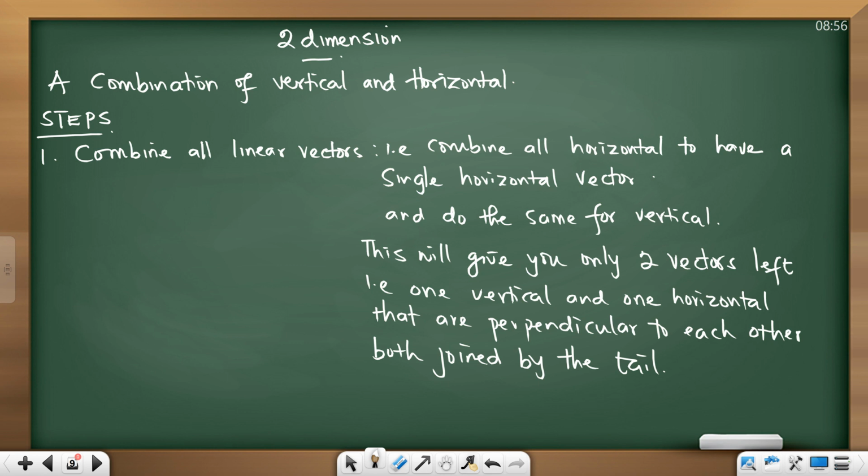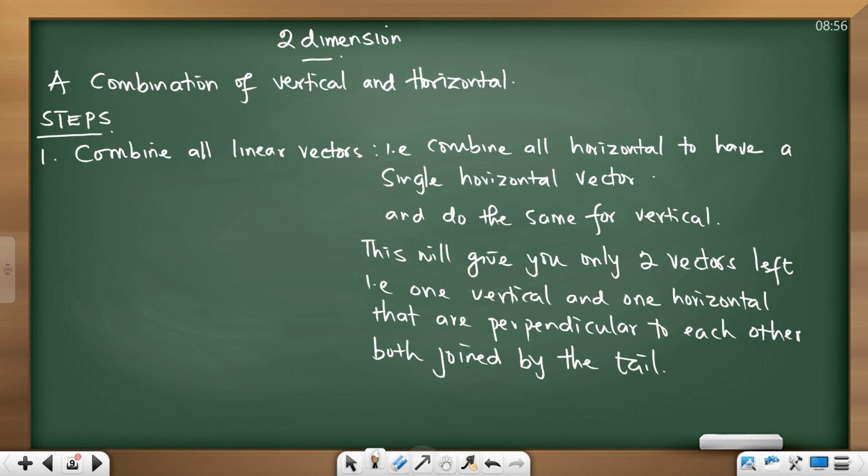The ones that are vertical, combine them until you have 1 vertical. All the horizontals, if they are in the same direction, you add. If they are in opposite direction, you subtract. You get 1 horizontal, 1 vertical. That's grade 10 now. Is that fine?